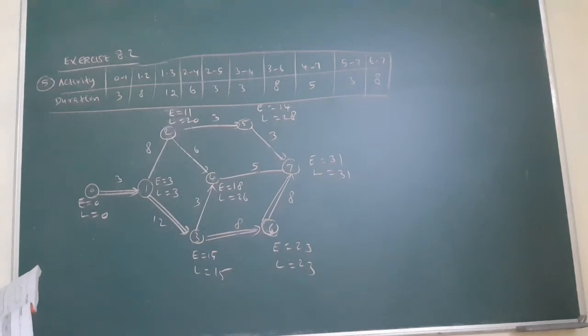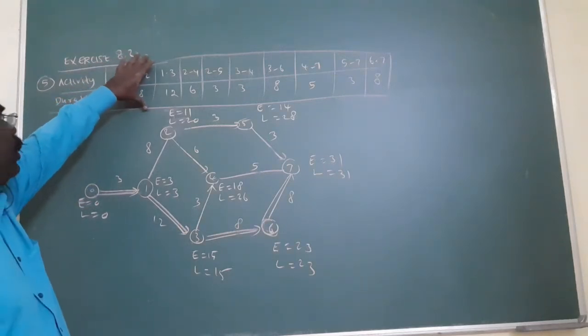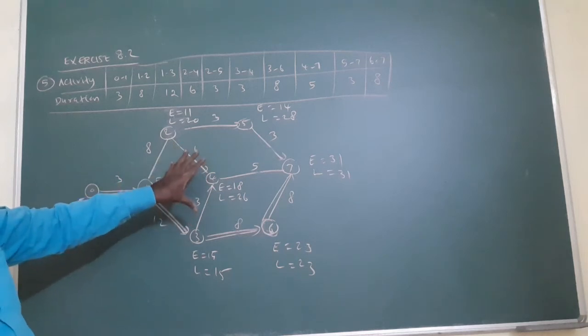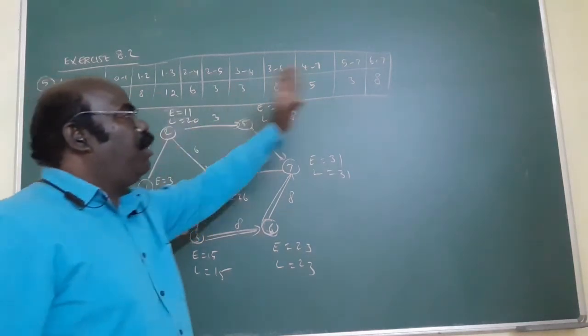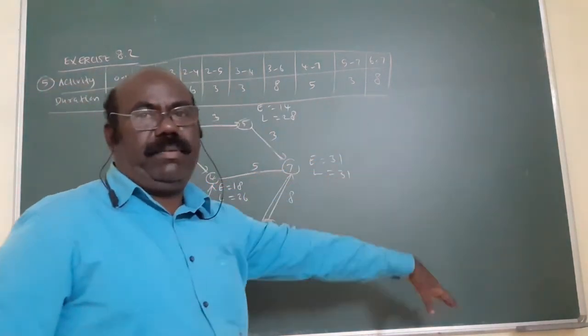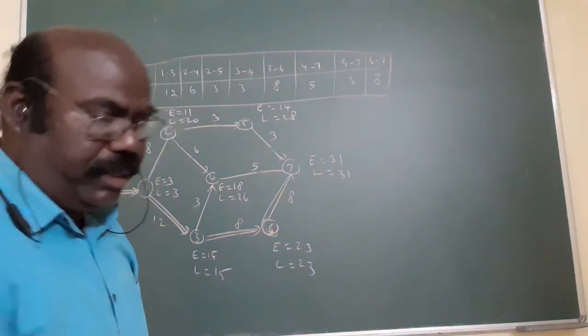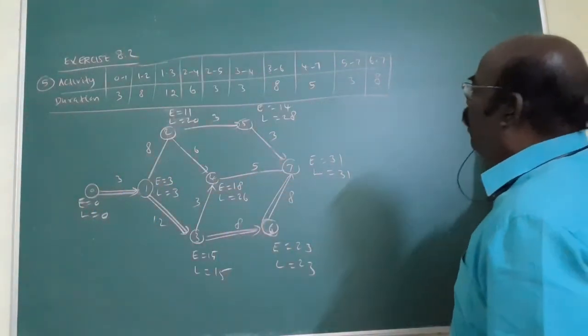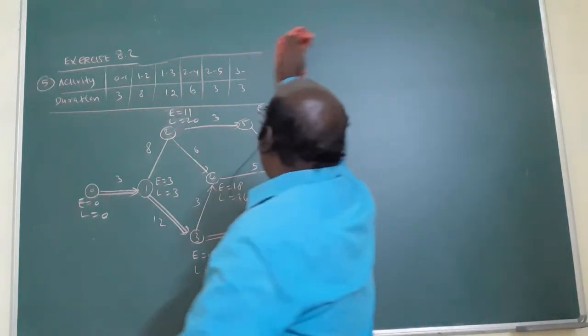You will find all the answers from this data, write one by one. Afterwards, the critical path is also asked. From this diagram, write the answers one by one. One more table, that's extra.